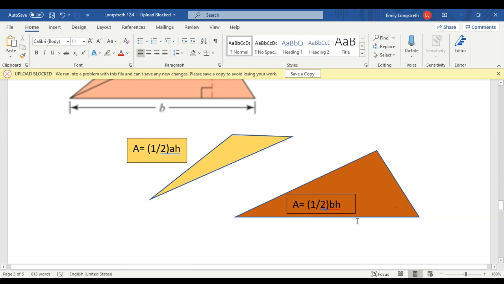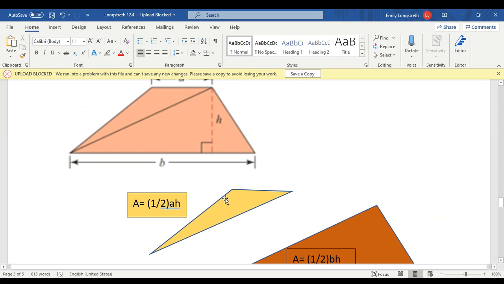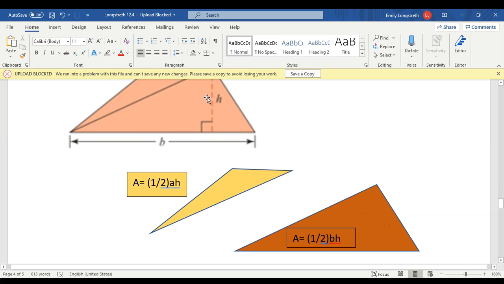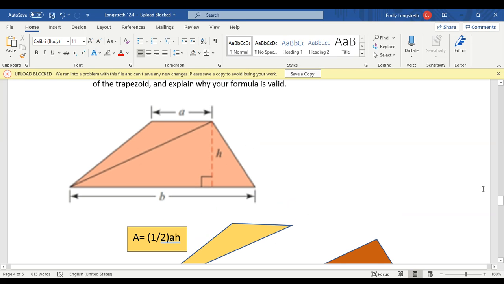The area of the brown triangle is going to be half BH, base times height, because we have half of B, the base, times the whole height of the triangle. And the little triangle is going to be half of our A base times our height.